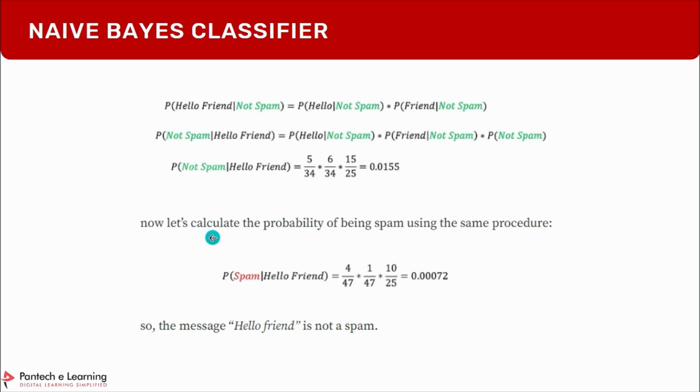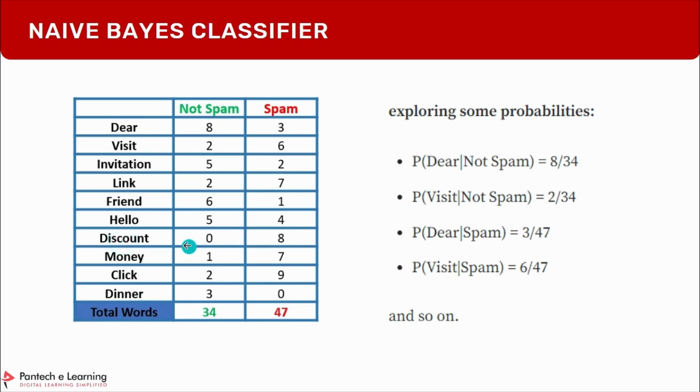Now this same procedure should be followed for spam words. When you go with "hello friend", you need to find how many times hello is in the spam, and how many times hello is in not spam. You need to calculate that.